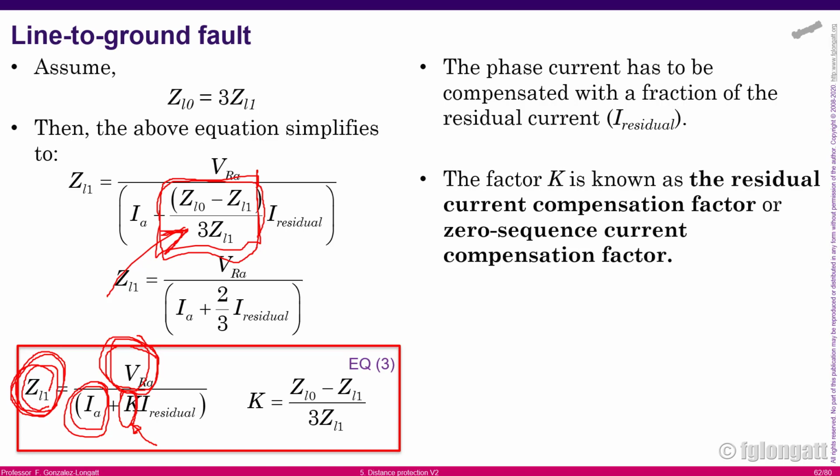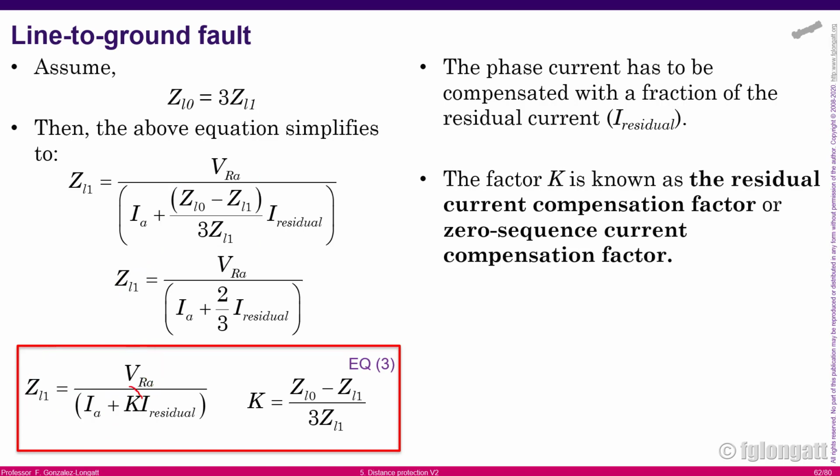What I'm trying to say is this term over here, K, is what we know as the residual current compensation factor, okay? And what this factor is doing is considering the relationship between positive and zero sequence at the transmission line, and at the same time this value is multiplying the residual current, and that is this term over here.